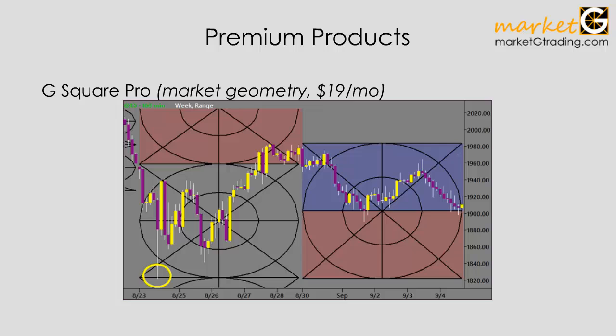There's a lot of lines on the picture and it looks complicated, but it's actually very simple. This is all based on the range of the previous week. And I drew a little circle so you can see how the projected range from the past week pretty much tagged the low of the flash crash.